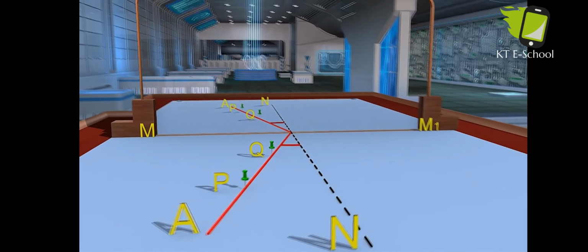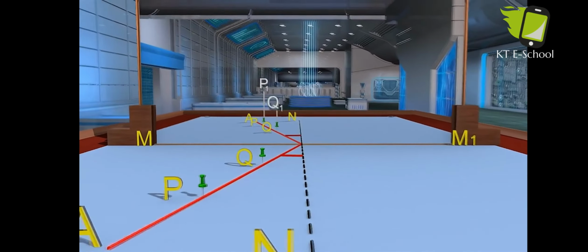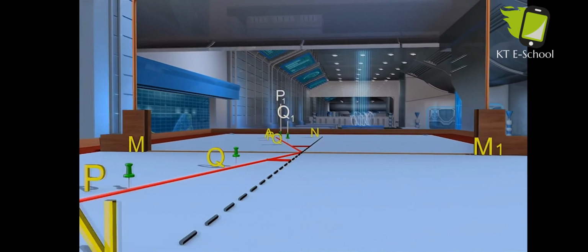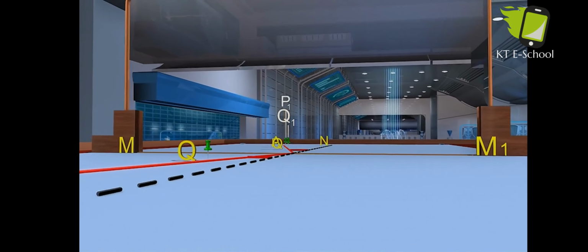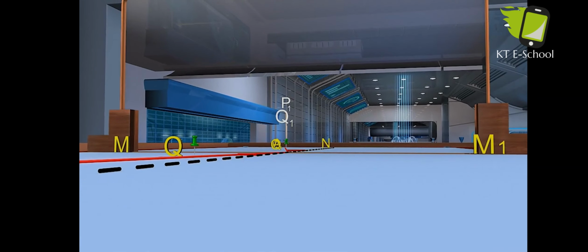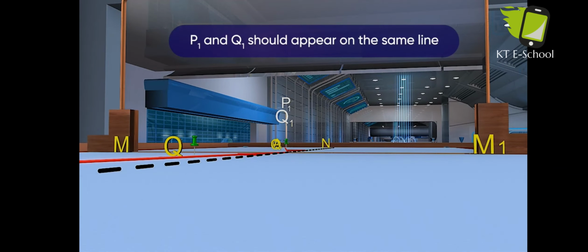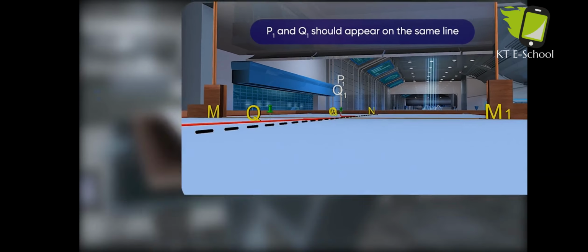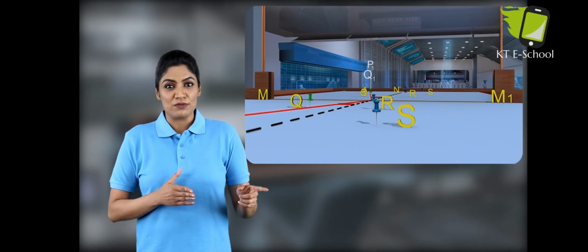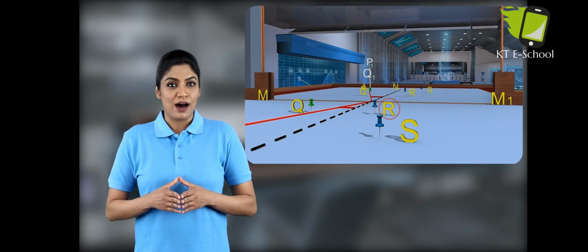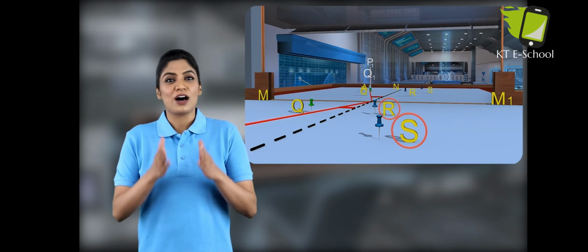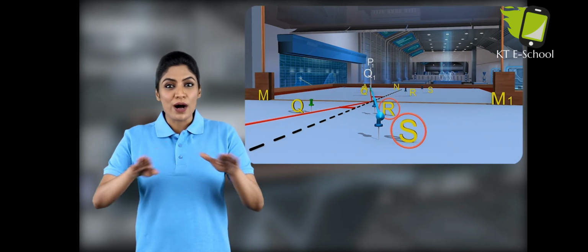Observe the images P1, Q1 of P and Q from the other side of the normal in such a way that both of them lie on the same line. Now, fix pins R and S on the board in such a manner that P1, Q1, R and S are all seen in one straight line.